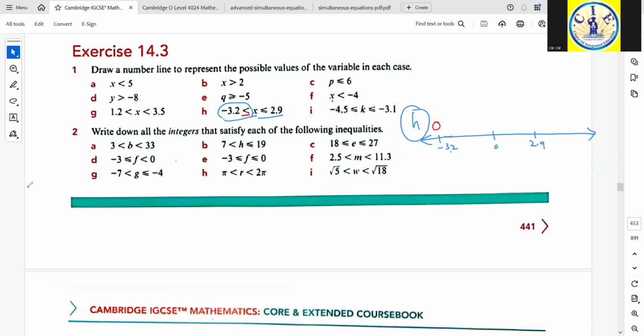There is not an equality sign with this inequality. But here we have got an equality sign. So we need to fill the circle at 2.9 and then the values in between like this. So this represents part H.